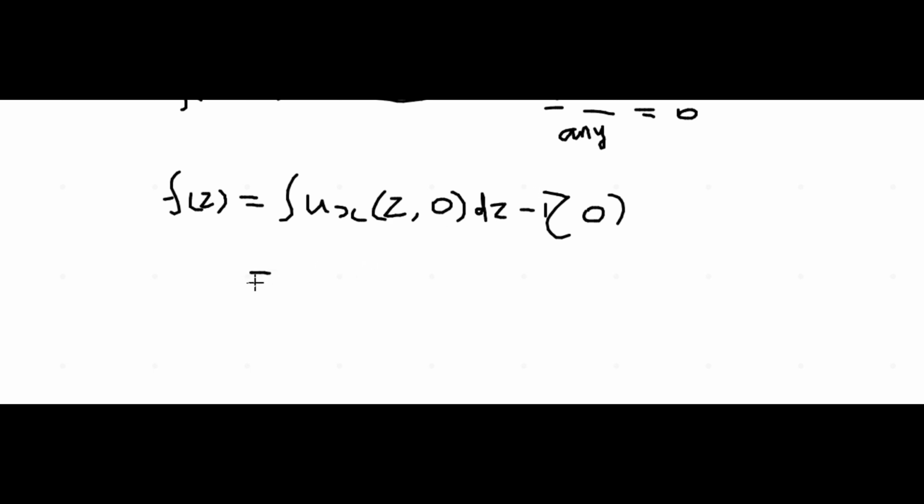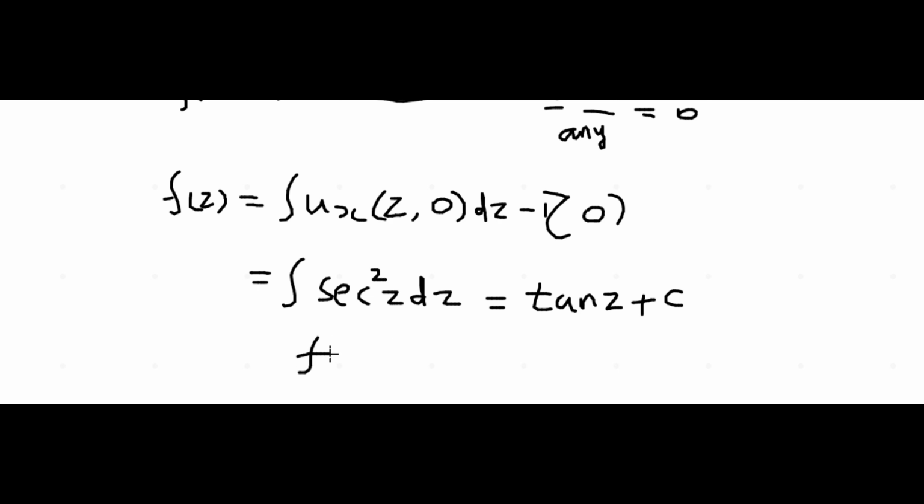Now we have only the first term, the integral of secant square z dz. The formula is the integral of secant square z is tan z plus an integrating constant. So the constructed analytic function is f of z equals tan z plus c.